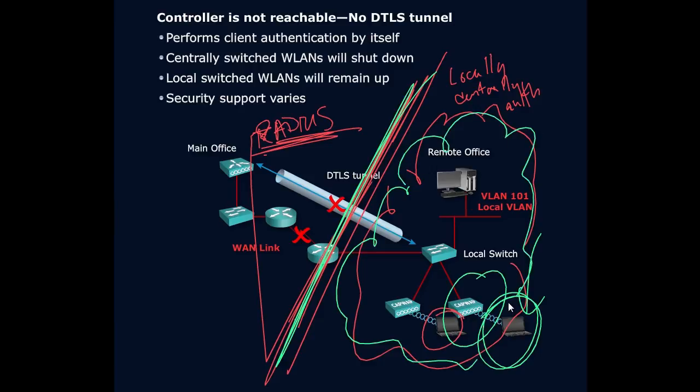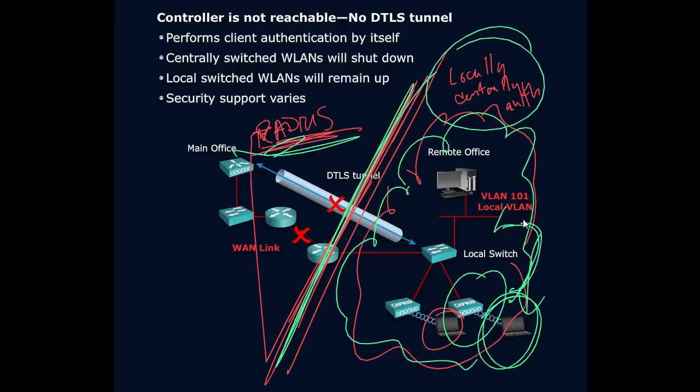Here's what happens. This client remains associated until the lease drops. Until that association lease drops with that AP and there's a chance to re-authenticate, then it fails. Because remember, authentication is down. Once you've authenticated, we're fine as long as we are locally switched. Unless we cause a scenario in which we roam, let's say that it roams.